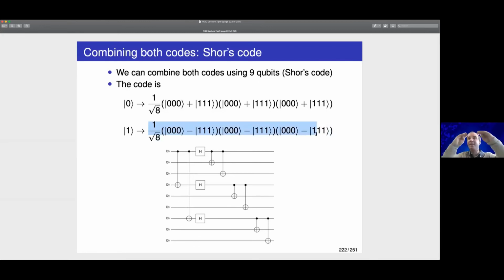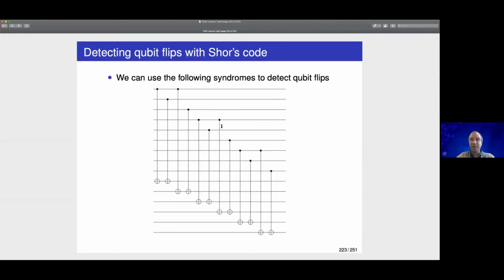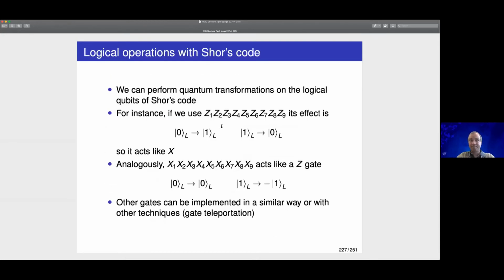So by applying the Z gate to all the qubits at the same time, I have implemented an operation that at the logical level is exactly like an X gate. Okay? And you can also check, as an exercise for you, that if you apply an X gate to all the qubits at the same time, then what you implement is a Z gate at the logical level.